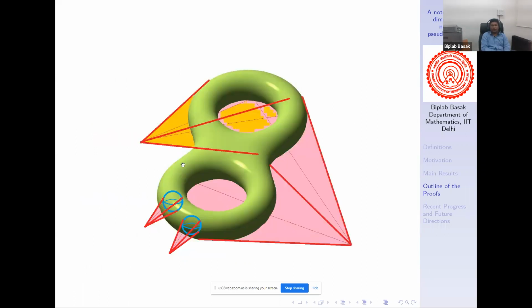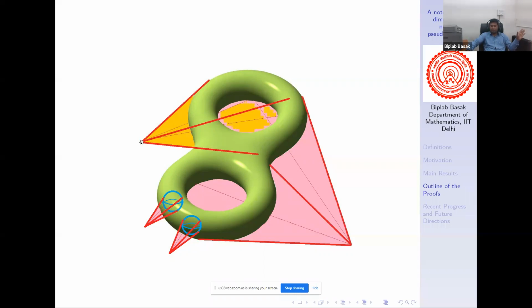Suppose this is my normal 3-pseudomanifold. The link of this vertex is a torus, that is one copy of a torus only, and the link of this vertex is the double torus, and the links of these vertices are, say, stacked spheres. Then if G2 of delta is the same as G2 of the link of this vertex, then by Kalai's result, all the singular vertices should be in the star of this complex.